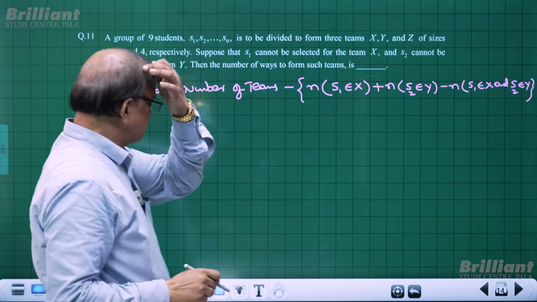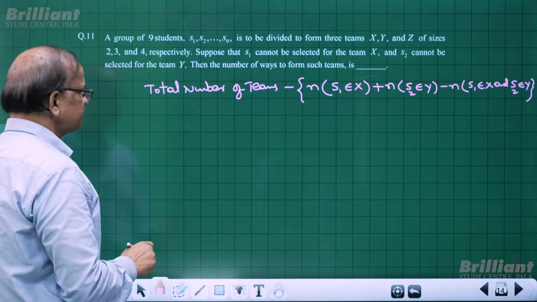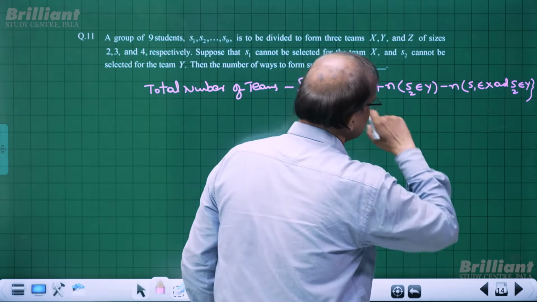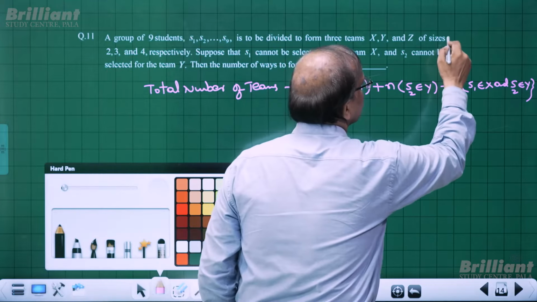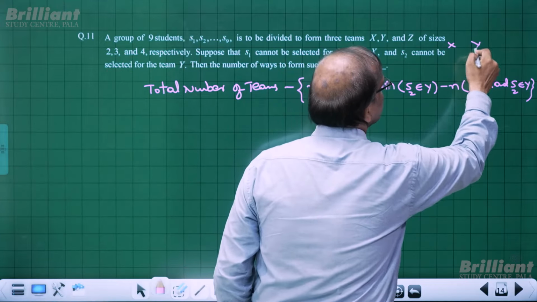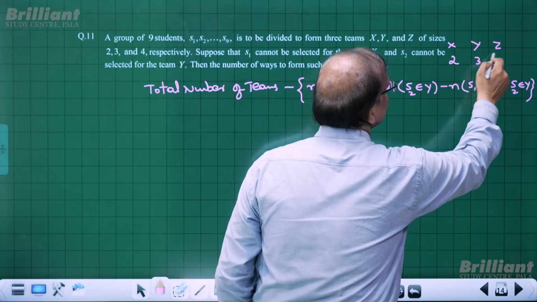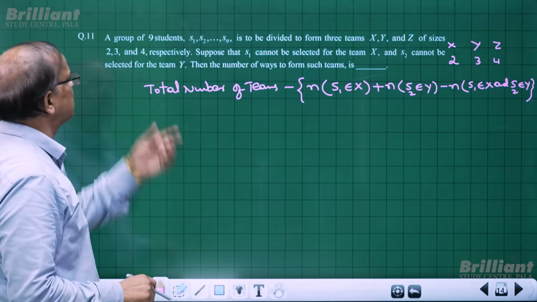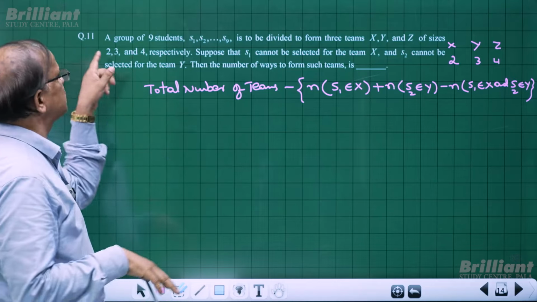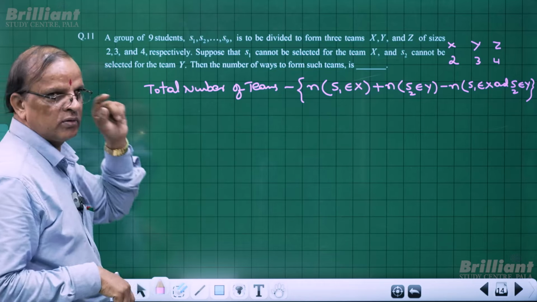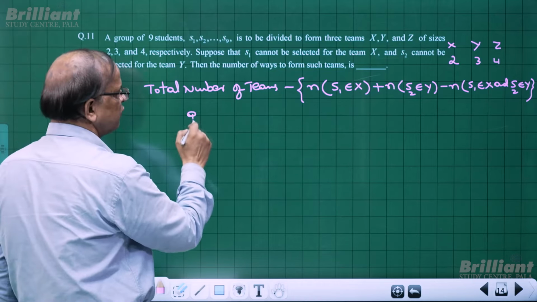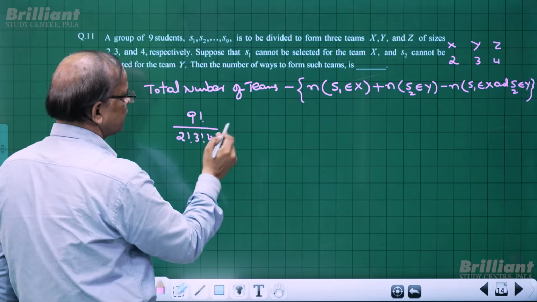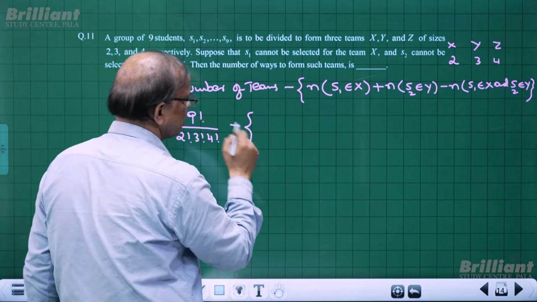Okay. So, now here actually X, Y, Z sizes are 2, 3, 4, correct. Now, I will write here the X, Y, Z teams as 2, 3, 4, okay. Now, the total number of teams: 9 dividing into 3 groups containing 2, 3, 4 persons. So, this is 9 factorial by 2 factorial, 3 factorial, 4 factorial, minus, okay.